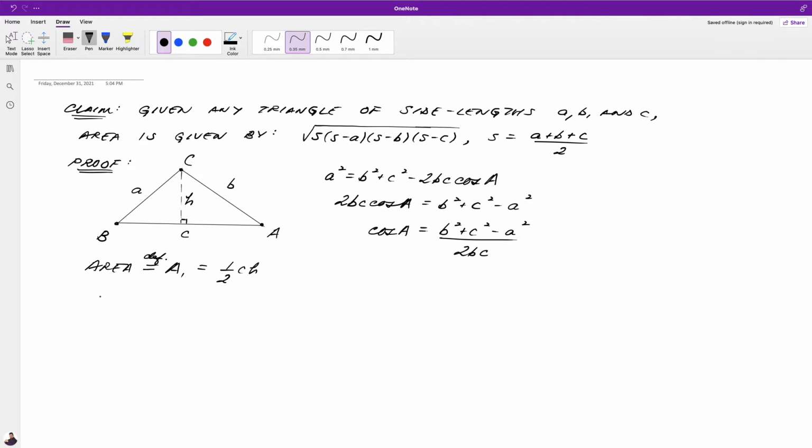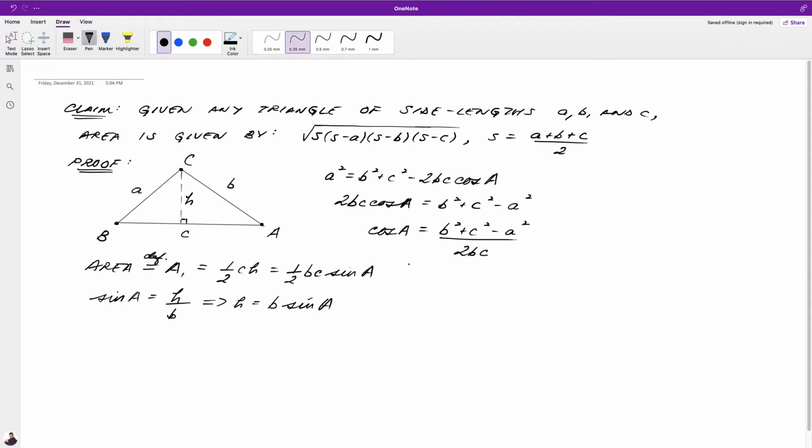However, the sine of big A is equal to H over little b, which means, of course, that little h equals b times the sine of big A, which means that this becomes 1/2 BC sine of big A. Okay, which means that the sine of big A, multiplying both sides by 2, dividing both sides by BC, is going to be equal to 2A1 over BC.